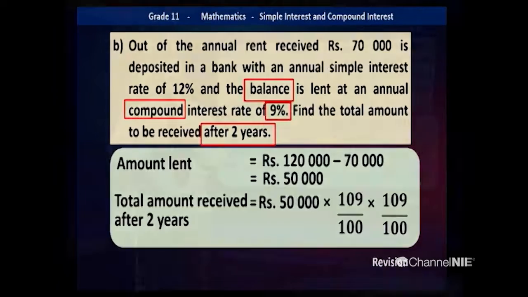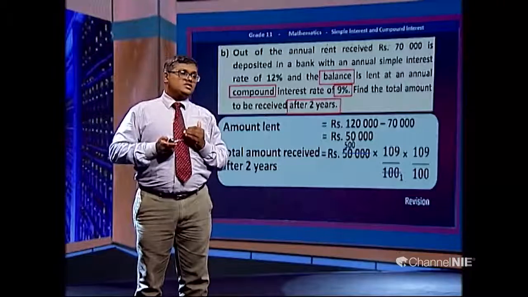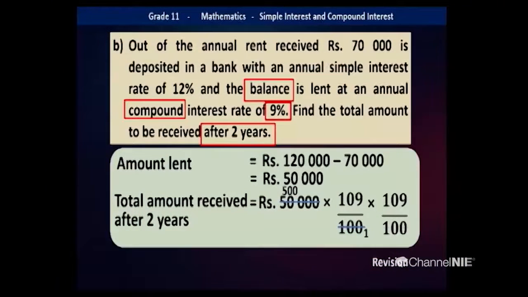Once you divide 50,000 by 100, 500, 500 divided by 100, 5, 5 into 109 into again 109. After 2 years, from that 50,000 he will get 9,405 interest, and with 50,000 it is 59,405.